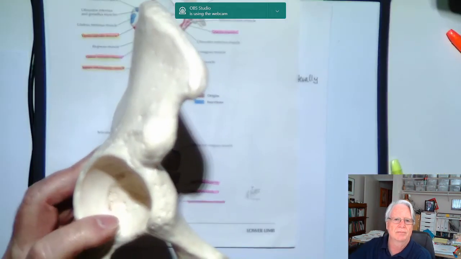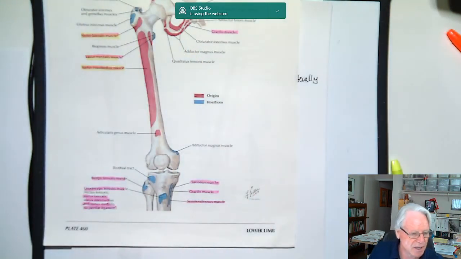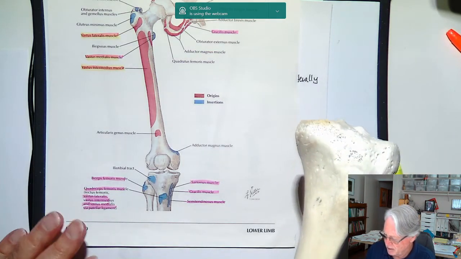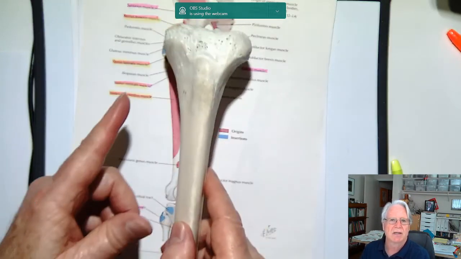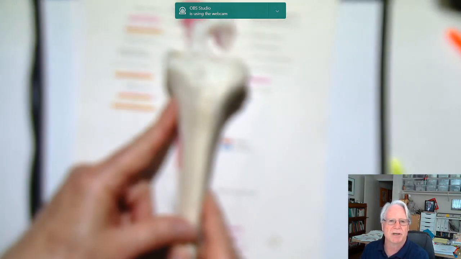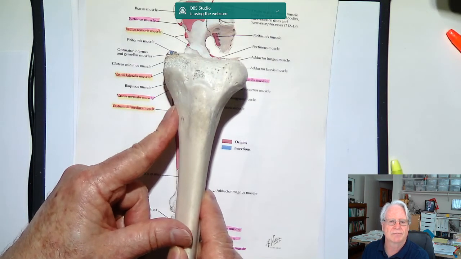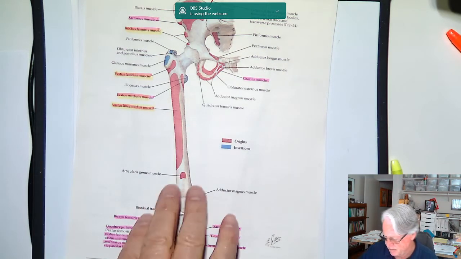We're going to start right there. We're going to cross the leg, and we're going to end up inserting on the medial side of the knee, which would be, in this case, in this region right here. Okay, let's go ahead and highlight that.